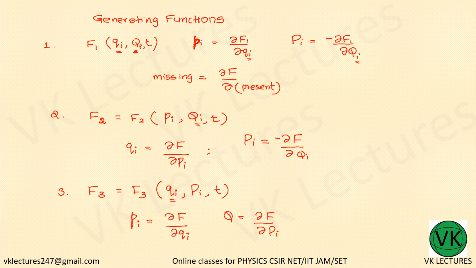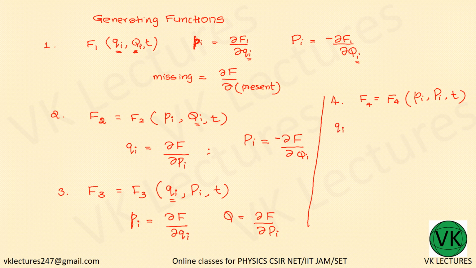Now for the last case, we will write down here the fourth one, which is f4 of small pi, capital Pi and t. Now we need small qi, means qi is what we need.